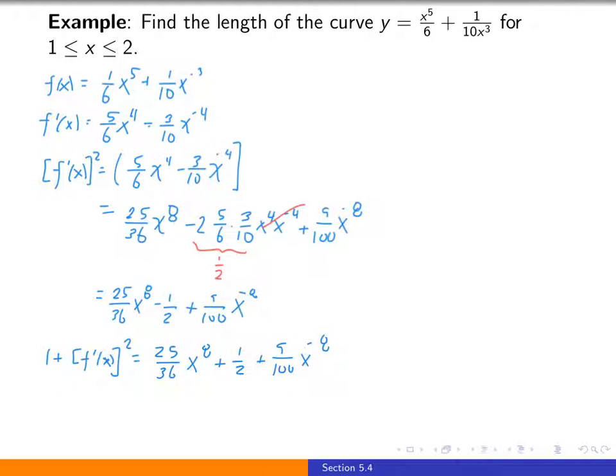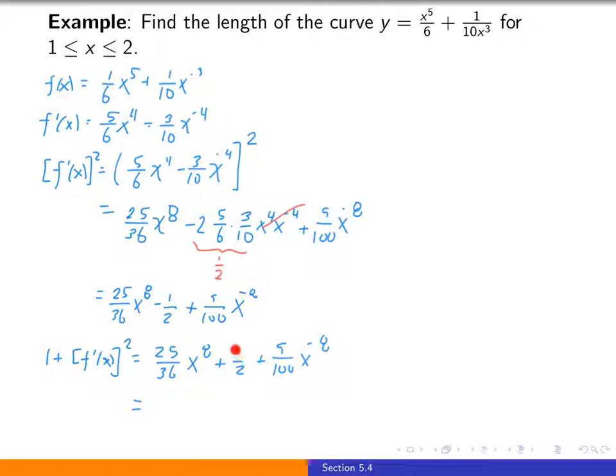And here's where I need to make a very important observation. So we took and squared 5/6 x to the fourth minus 3/10 x to the minus 4th, and we ended up with this term here. And when we added 1 to it, the minus 1/2 in the middle became a plus 1/2.